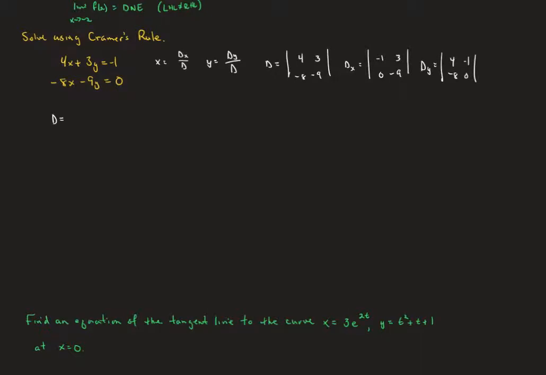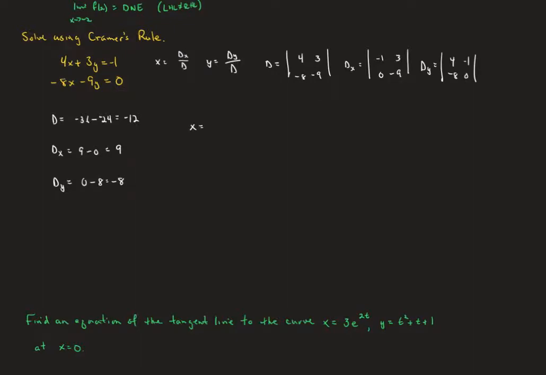So D, the determinant of coefficients, is going to go down, so that's a negative 36, minus go up is a negative 24, so that looks like a negative 12. The Dx is going to be 9 minus 0, so that's going to be 9. And Dy is going to be 0 minus 8, so that's going to be a negative 8.